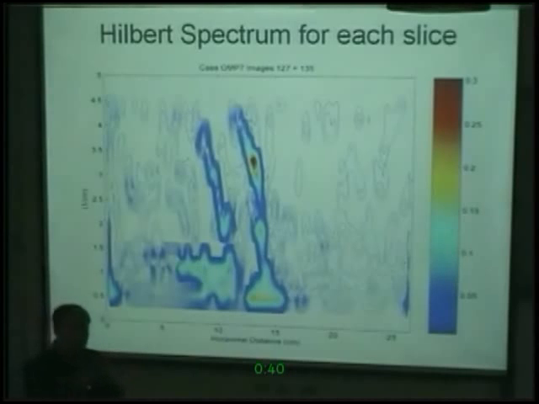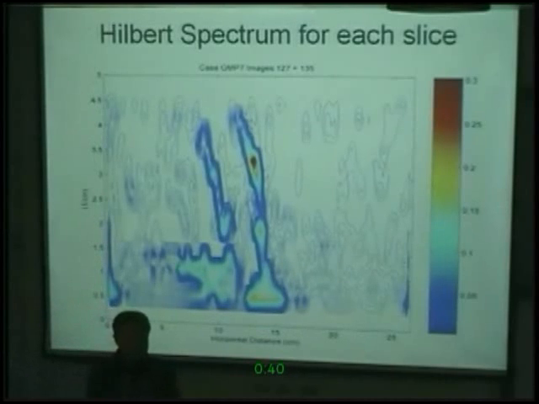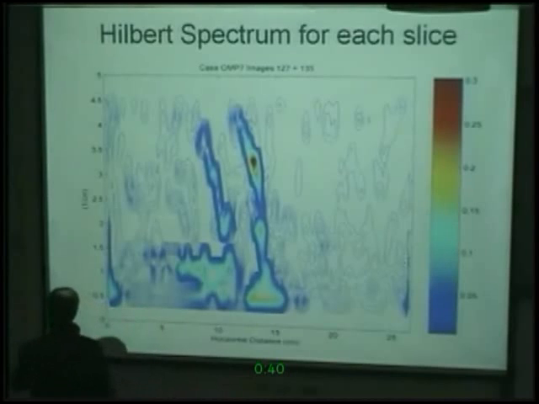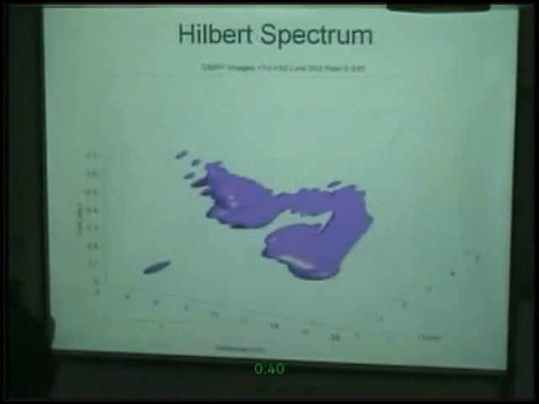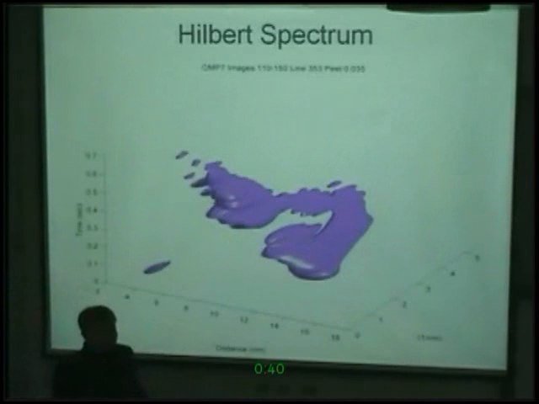Now you think, this is horizontal distance, this is wave number. So each slice, and then if I glue all the slices together, what do I get? I get a solid body with density difference, and that will become the Hilbert spectrum of the picture.